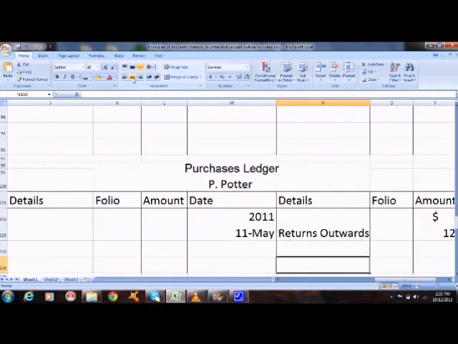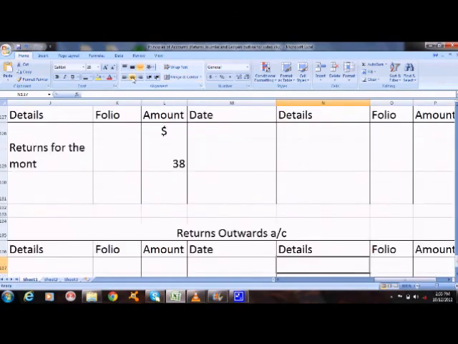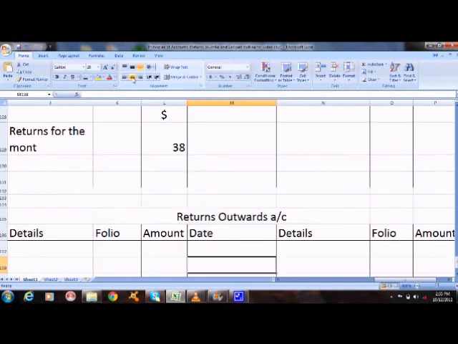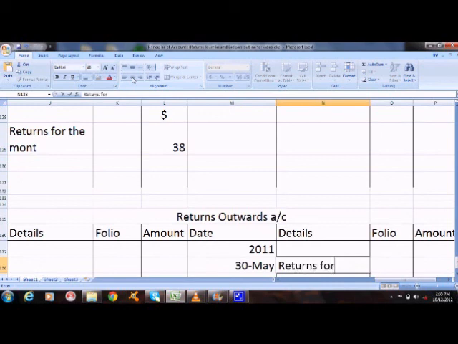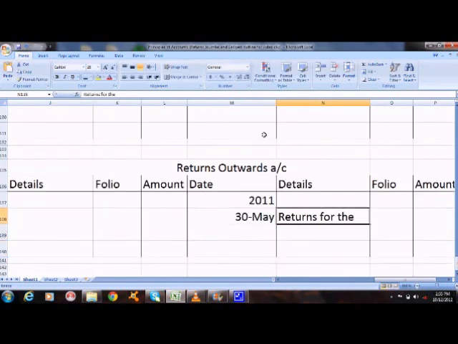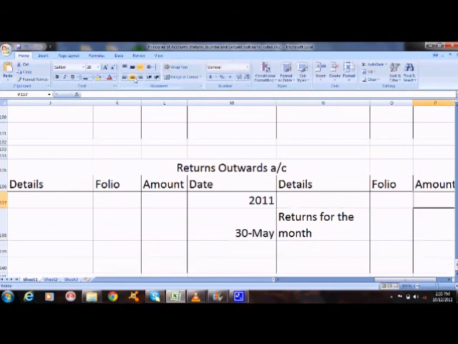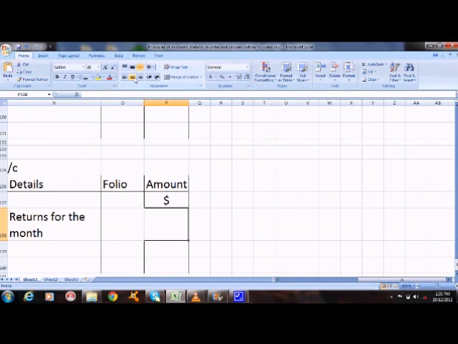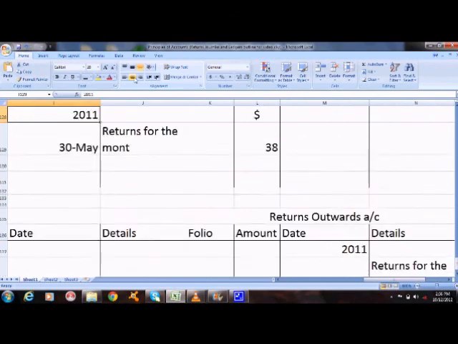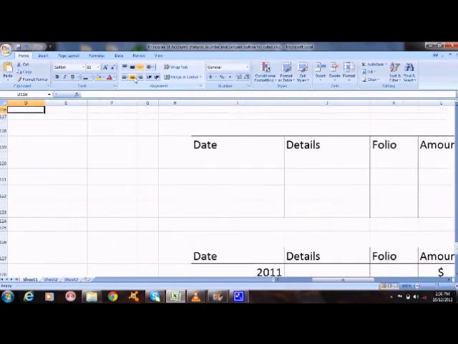We make a credit entry, my friends. 2011 May 30 again, returns for the month, and the amount is a grand total of $64. That's how you post from your journal to your ledgers, my friends.